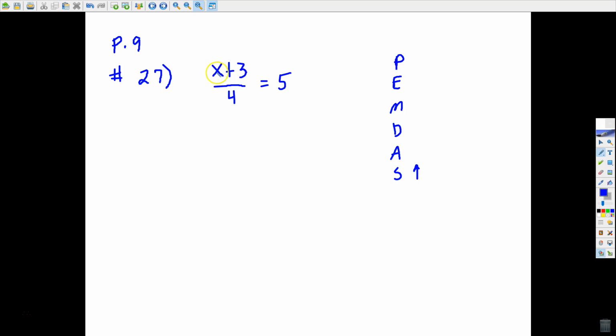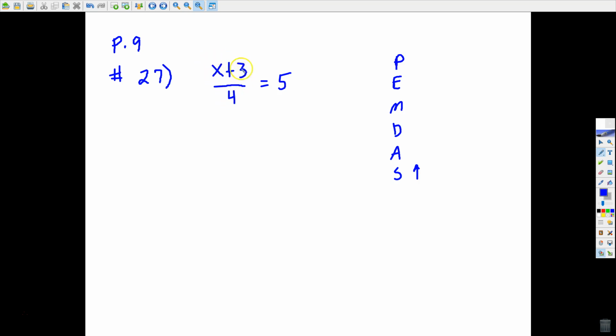So remember what we talked about in class, that the x plus 3, since they are unable to be separated in the division by 4. If you divide 4 into x, then you must divide 4 into 3. There is no other way around this.